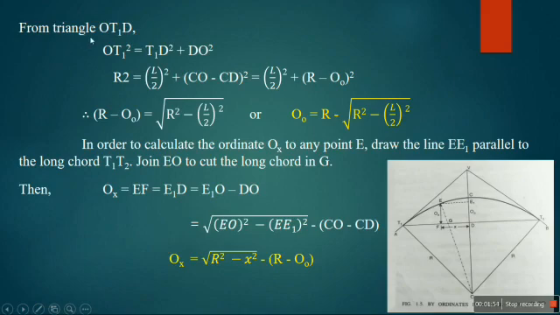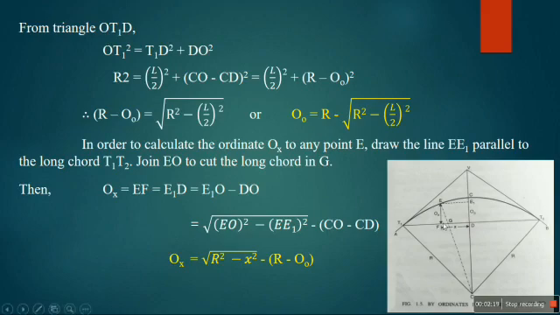So here, from the triangle OT1D, you can apply the Pythagoras theorem. OT1 square equals T1D square plus DO square.